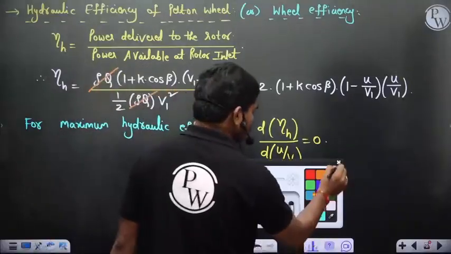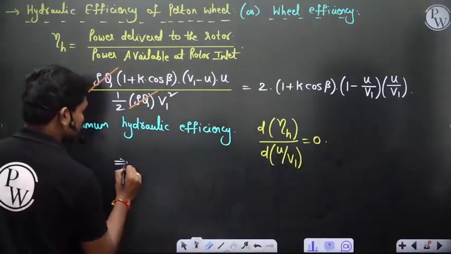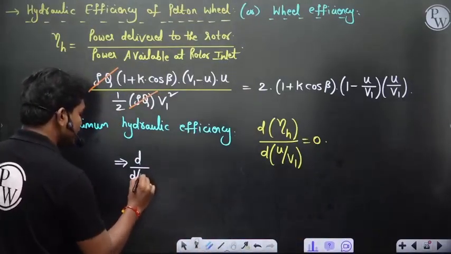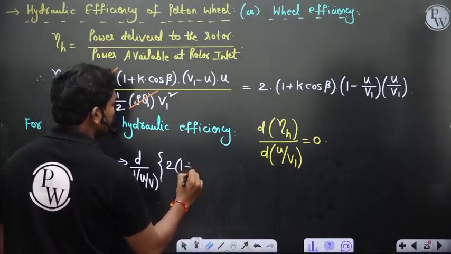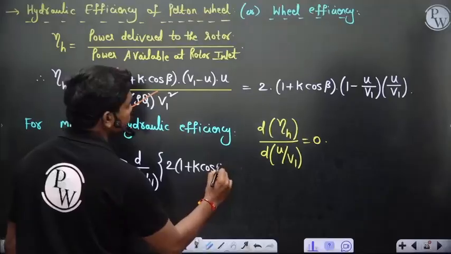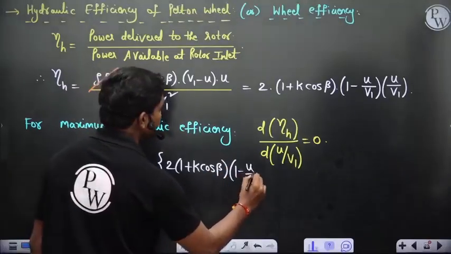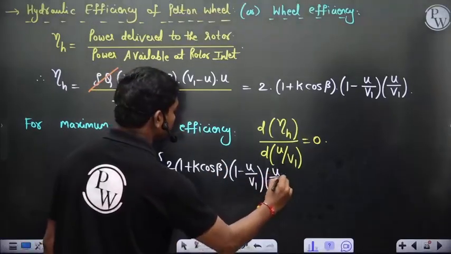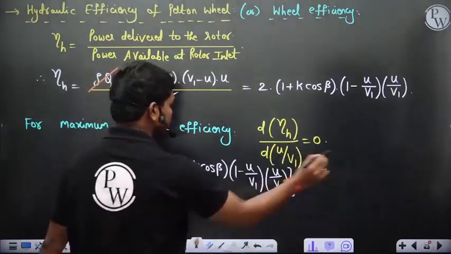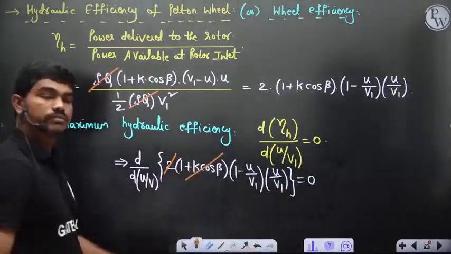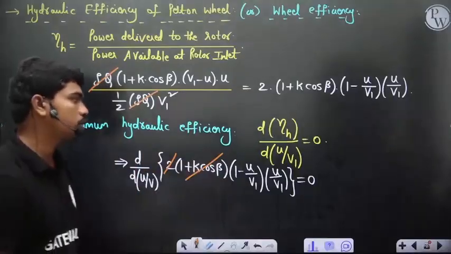So if you do that, d by d(u by v1) of 2 into 1 plus k cos beta into 1 minus u by v1 into u by v1 is equal to 0. Now these are constants, you have nothing to do with them, just take them out on the right-hand side.